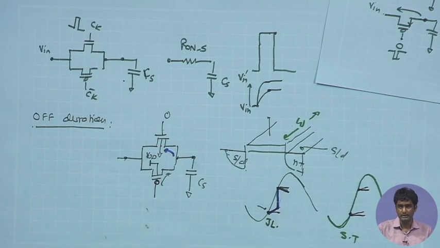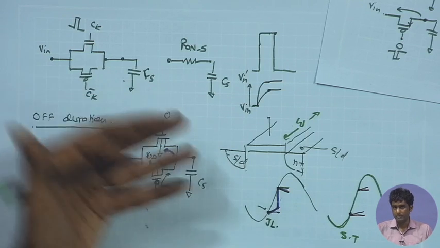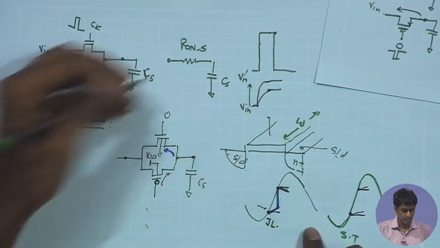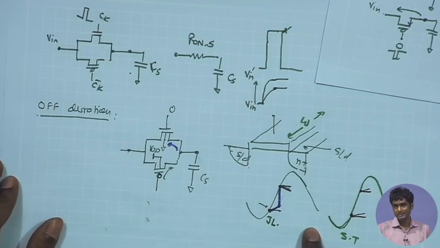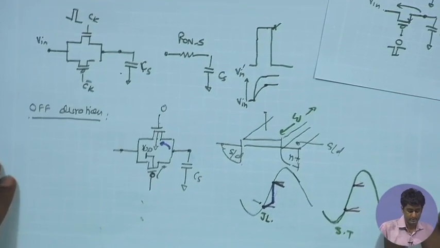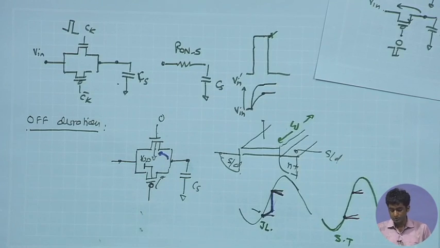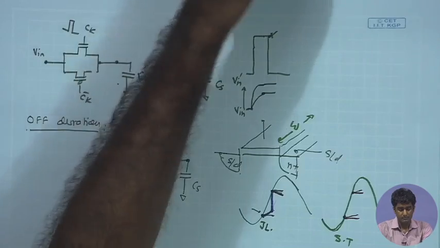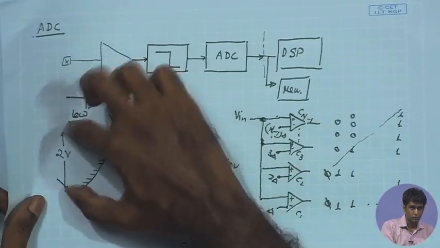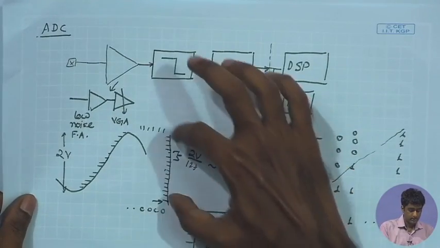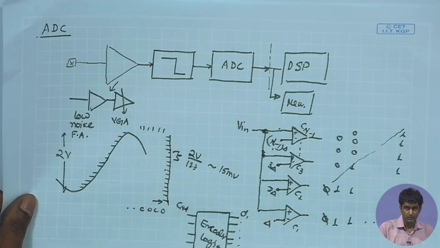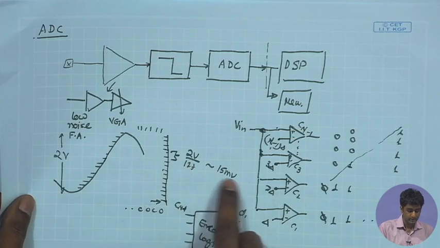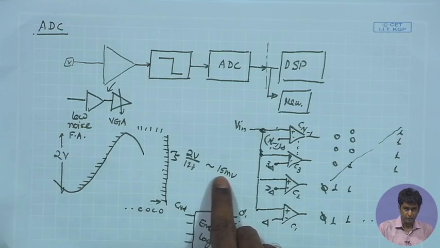Therefore, these slopes will increase, and the deviation of the sampled signal from the sample data at the closing point will also increase, which can be highly undesirable. So, if I revisit my resolution requirement, if I am dividing my entire signal range, that is around 2 volt peak to peak, into 15 millivolt intervals, I would not like the sample data to deviate by a magnitude closer to 15 millivolt.